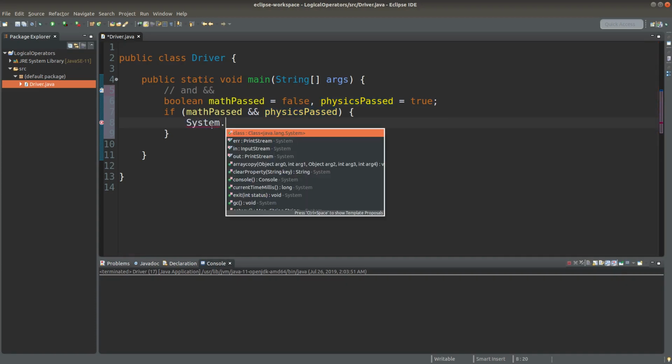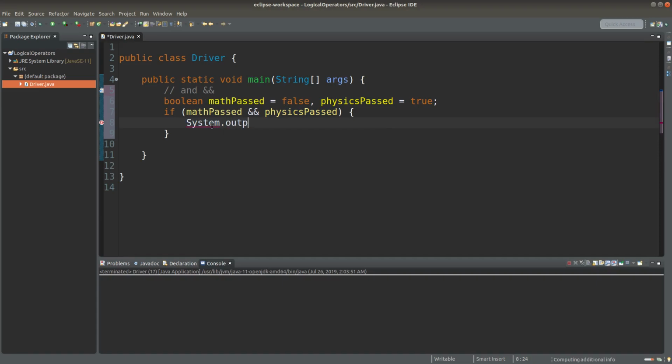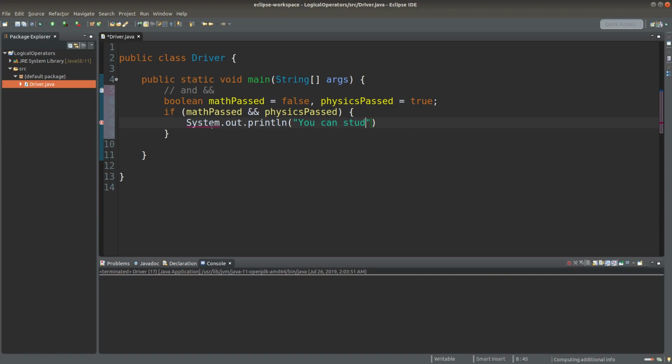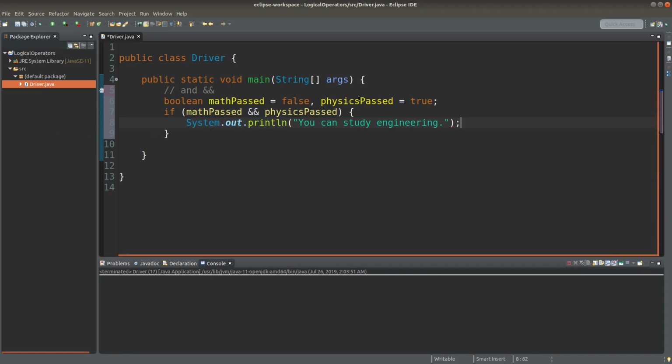So if both subjects pass, I can study engineering. So for this situation, I failed mathematics. Even though I passed physics, I can't satisfy this condition. For the AND operator, all the parts have to be true in order to make the whole thing true.